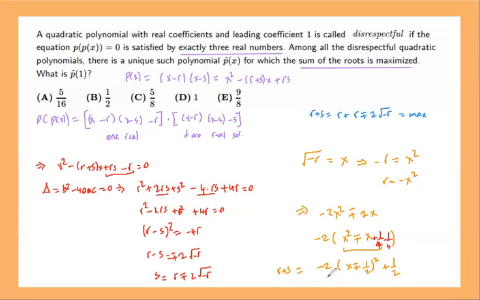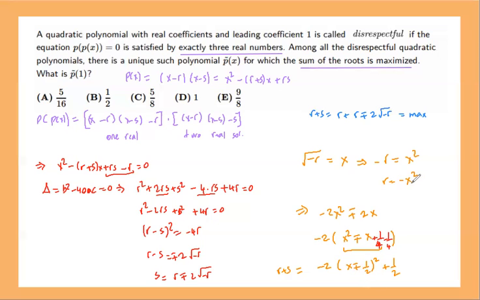Which means r plus s will decrease if the inside of this parenthesis is non-zero. To make this the maximum, because otherwise it gets smaller and smaller, the inside should be 0, which means x has to be 1/2 or negative 1/2.